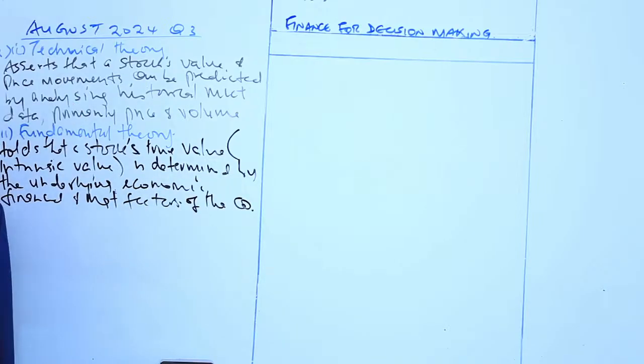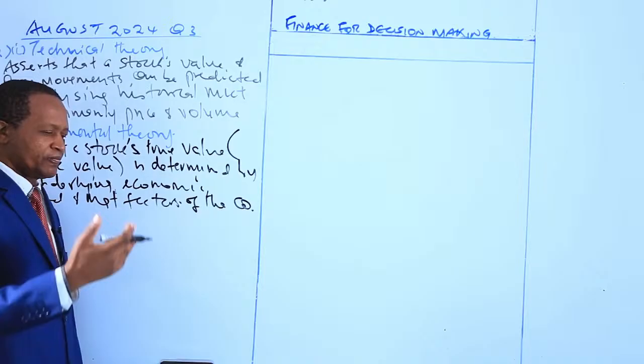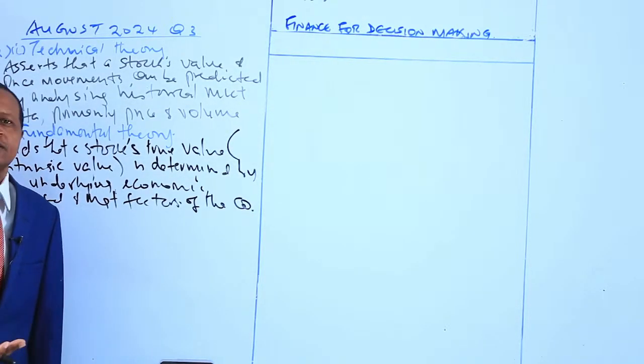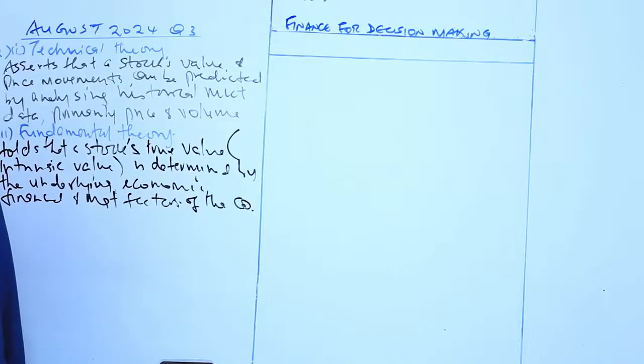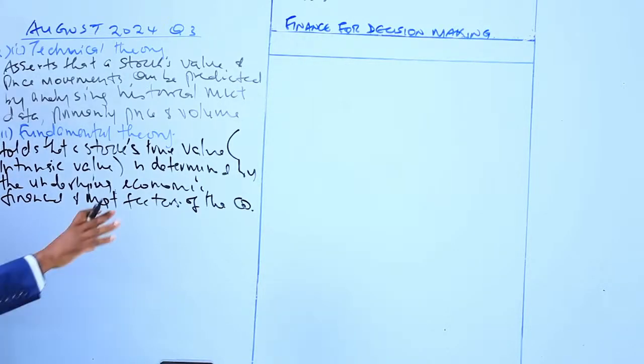It involves a deep dive into a company's financial statements, like the income statement, the balance sheet, and the cash flow statement, its industry, its competition, and the overall economy.